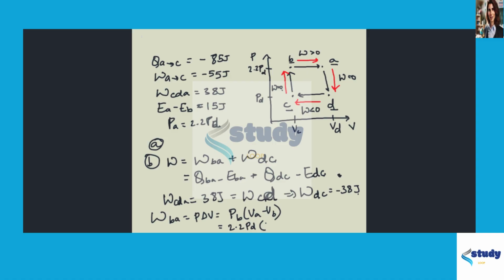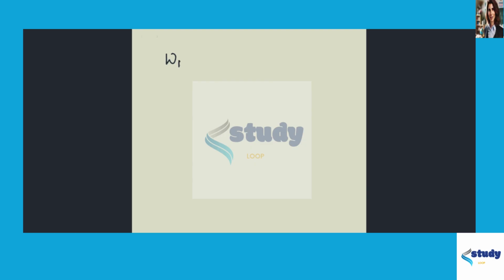So using that, we can write VA minus VB as VD minus VC. If you notice, this is P delta V for the process D to C. So that's work done during the process DC. So using this, we can see that work done during process BA is 84 joules.